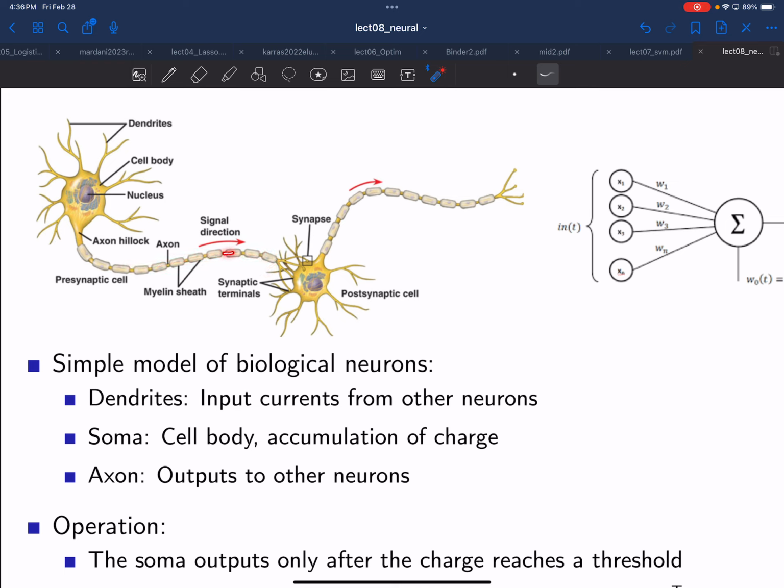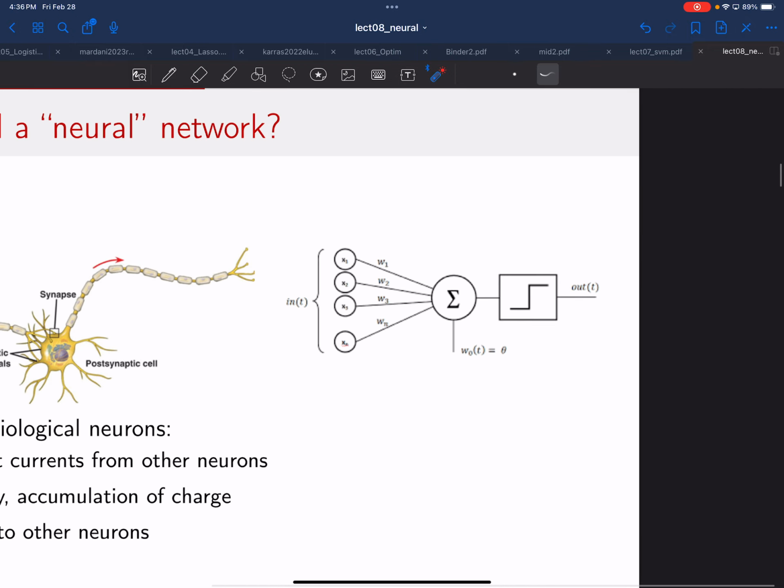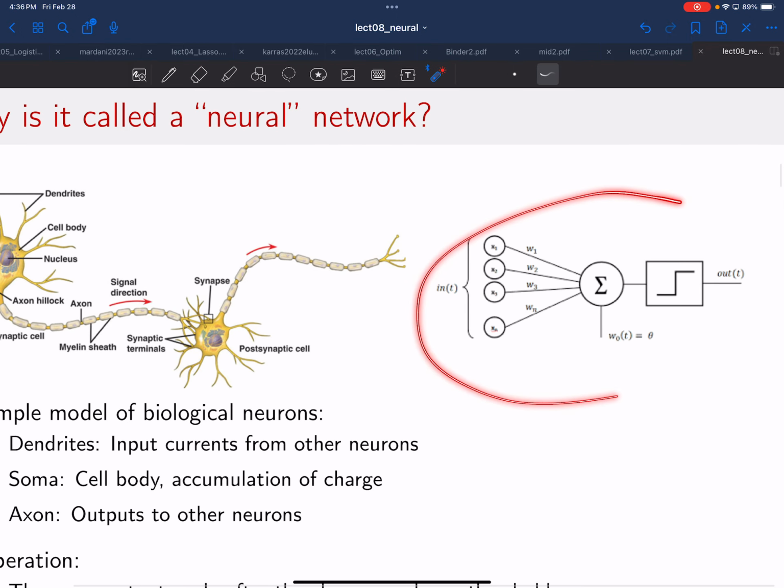And when those charges come in to this neuron, they sort of build up. This guy accumulates charges from the things coming into it. And after that charge reaches a threshold, this thing finally outputs its own charge down this way, and that flows to other neurons.